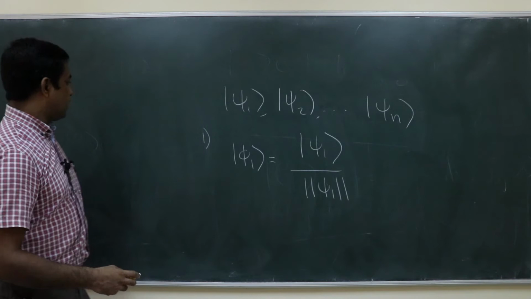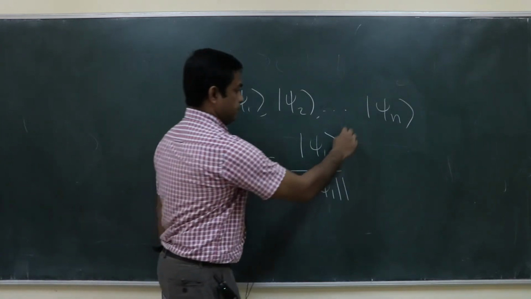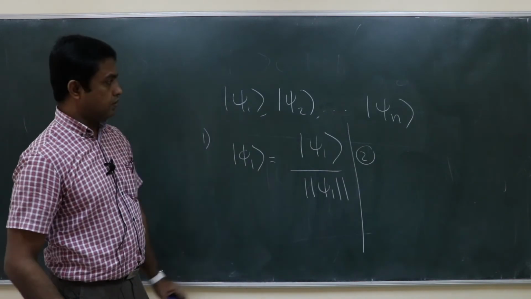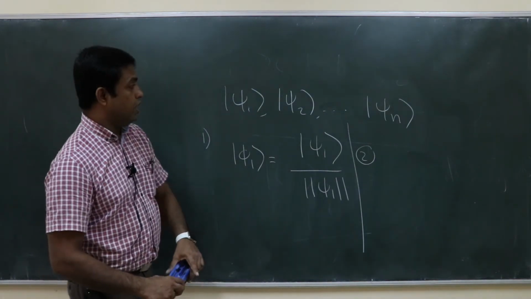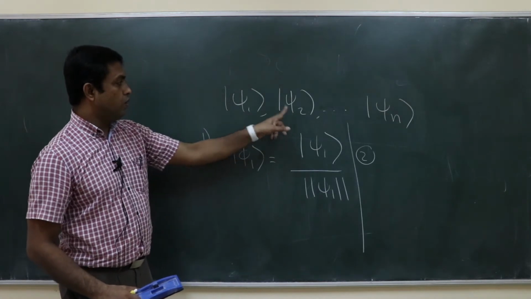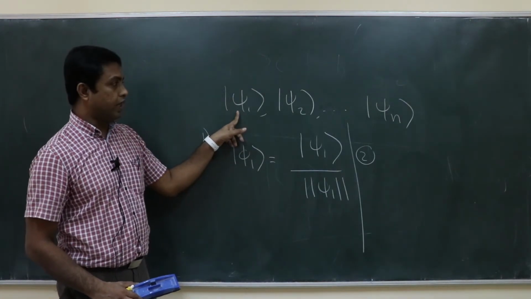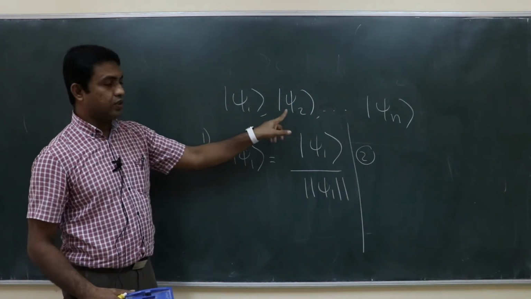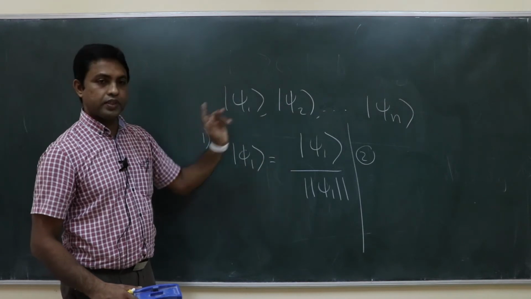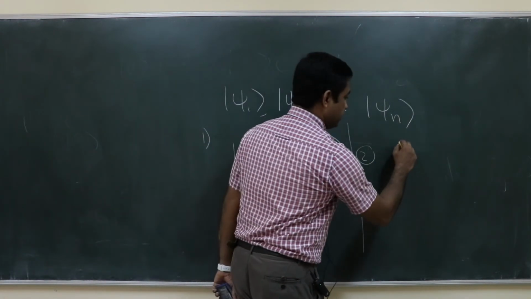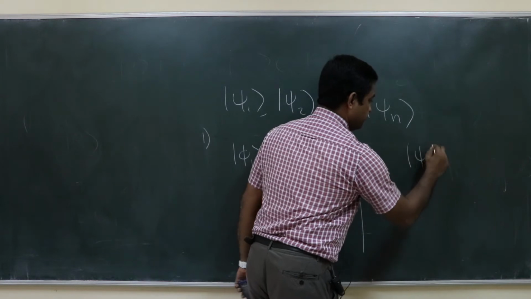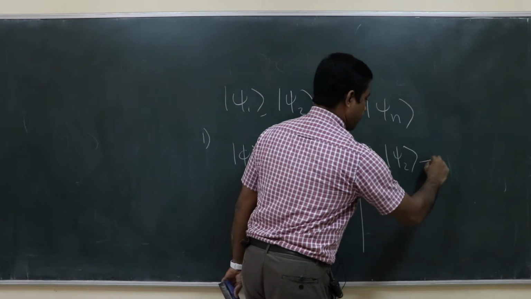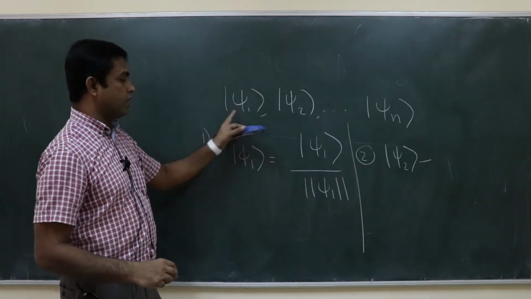So what do you do in the second step? Take the second vector psi2. If I want to make ket psi2 orthogonal to ket psi1, I should take the projection operator, act on ket psi2 and subtract that from psi2. What is the component of ket psi2 along ket psi1?